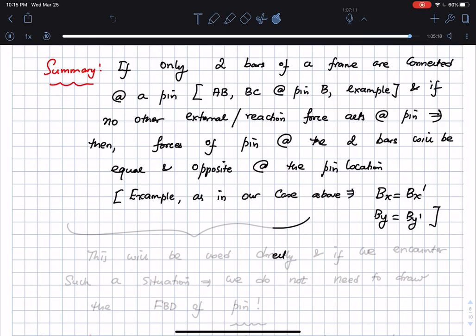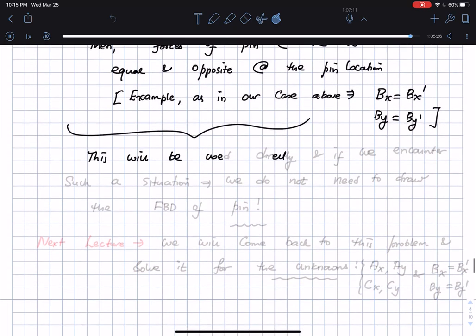So we will make use of this directly, and if we encounter such a situation, then we do not need to draw the free body diagram of the pin.